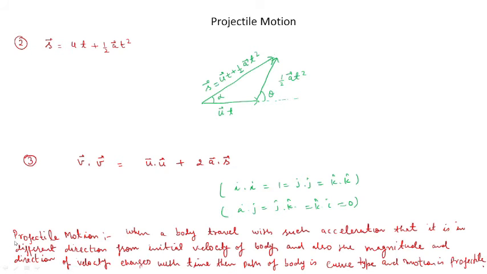Now we will discuss projectile motion. When a body travels with such an acceleration that it is in a different direction from the initial velocity of the body, and also the magnitude and direction of velocity change with time, then the path of the body will be curve-like, and the motion is of projectile type.